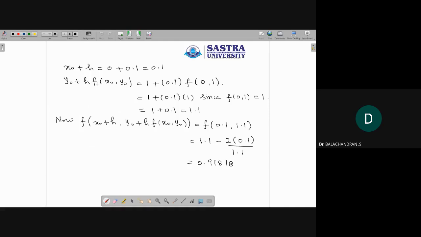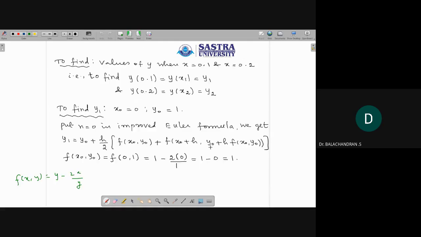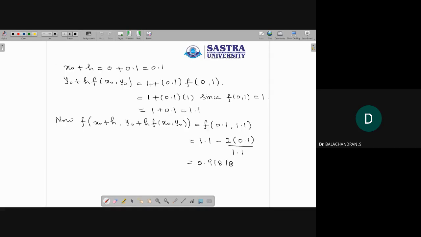Y naught plus h into f of x naught comma y naught, that is this expression. Y naught is 1, h is 0.1, f of x naught comma y naught is f of 0 comma 1, which we already calculated. So you can use the value f of 0 comma 1 is 1. Simplify and get the value 1.1.